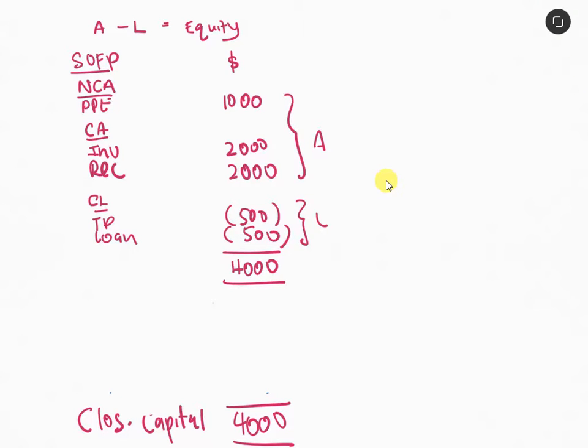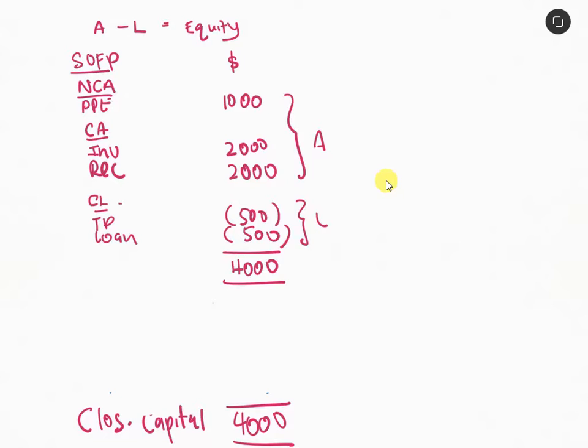We know asset minus liability is equity. A minus L equals E, or capital. So if this is my SOFP: non-current asset, PPE, property, plant and equipment, inventory, receivable, asset.